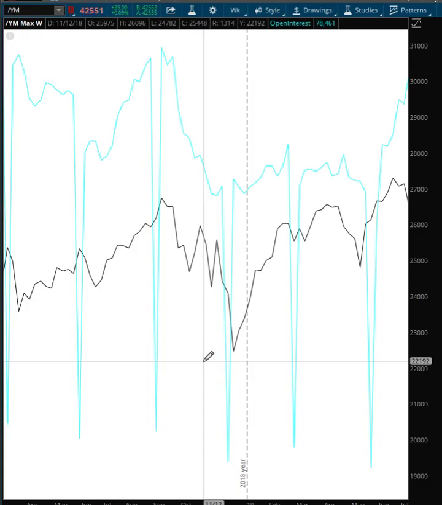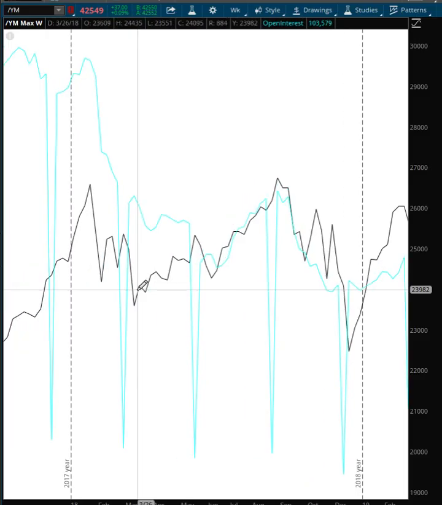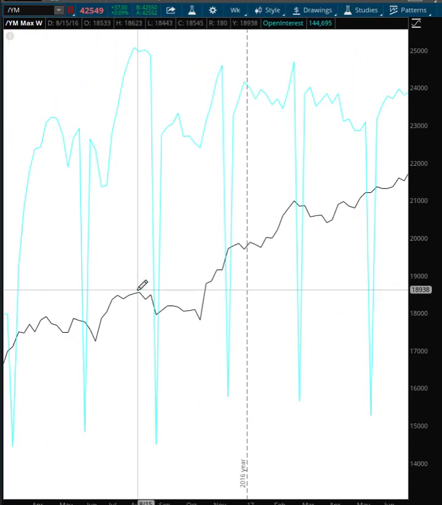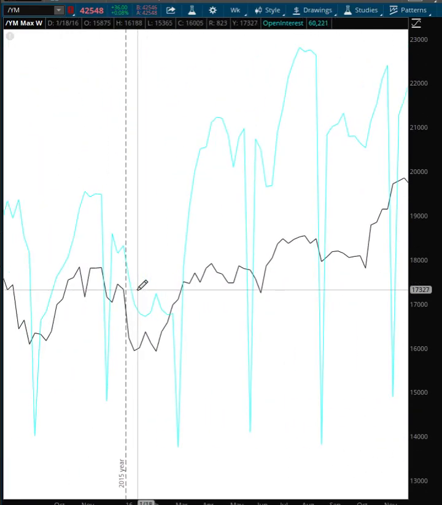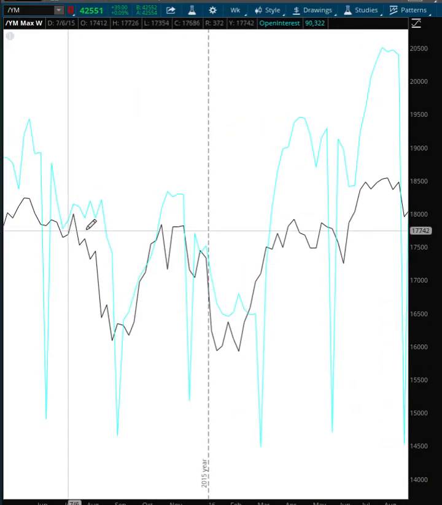So it could be a point, could be 5, could be 10. I'm happy with 10, okay? Because eventually you're going to find another fractal, all right? Guaranteed.